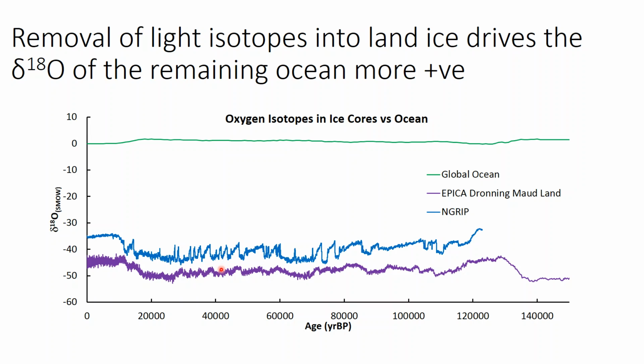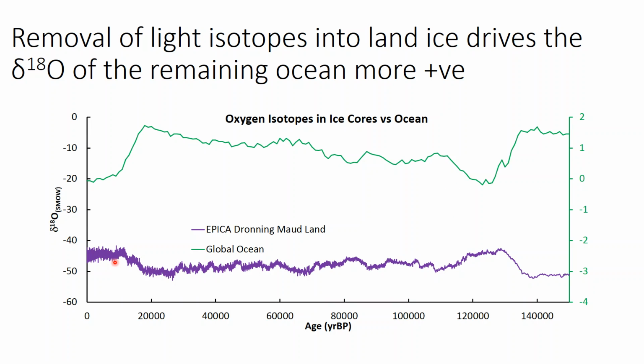That might be because Antarctica is so atmospherically isolated from the oceans, due to the atmospheric circulation whizzing around it, that only a tiny fraction of the moisture that evaporates from the ocean actually makes it to the Antarctic continent, whereas a slightly larger proportion makes it to Greenland, which might explain why the Greenland ice core is slightly more enriched in the heavy isotopes relative to Antarctica, but still much lighter.